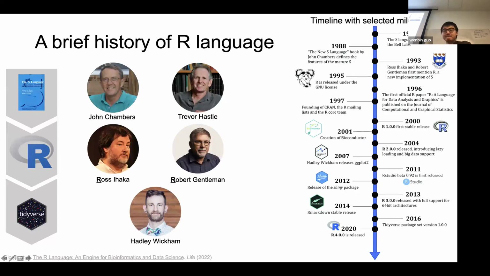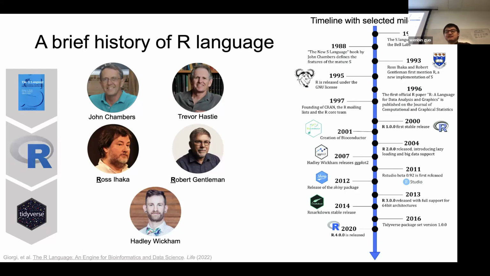So here is a brief history of the R language. We can see there are several milestones. The very first milestone is actually 50 years ago. Two famous statisticians, John Chambers and Trevor Hastie, tried to use computers to do statistics.